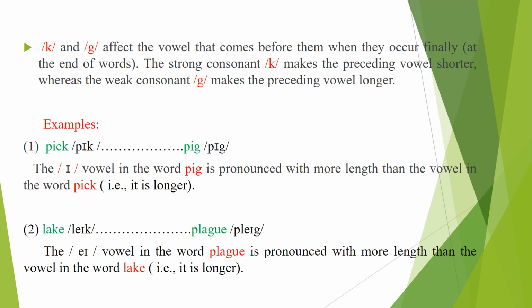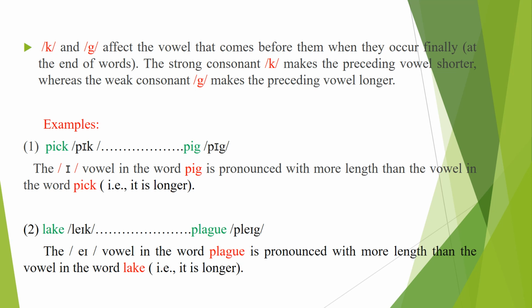K and g also affect the vowel that precedes them when they occur finally. K makes the preceding vowel shorter, whereas g makes the preceding vowel longer. For example, pick and pig. The i vowel in the word pig is longer than the i vowel in the word pick.